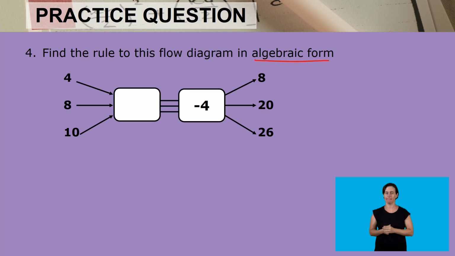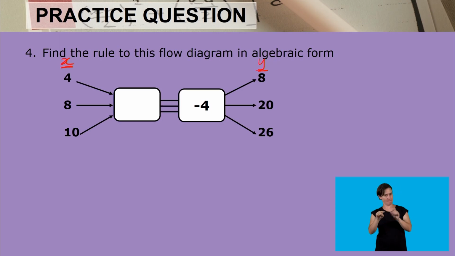Now remember, when we already have our output values, all we need to do is use our additive inverse and multiplicative inverse to get to the input. And since we have the input, we are only going to use the additive inverse of that minus 4. You can see that the last part of our flow diagram is the minus 4.